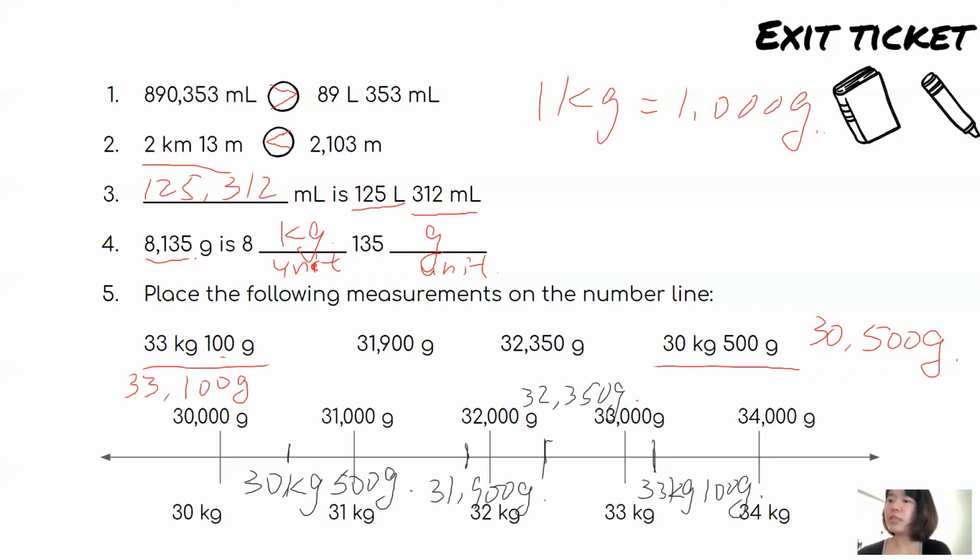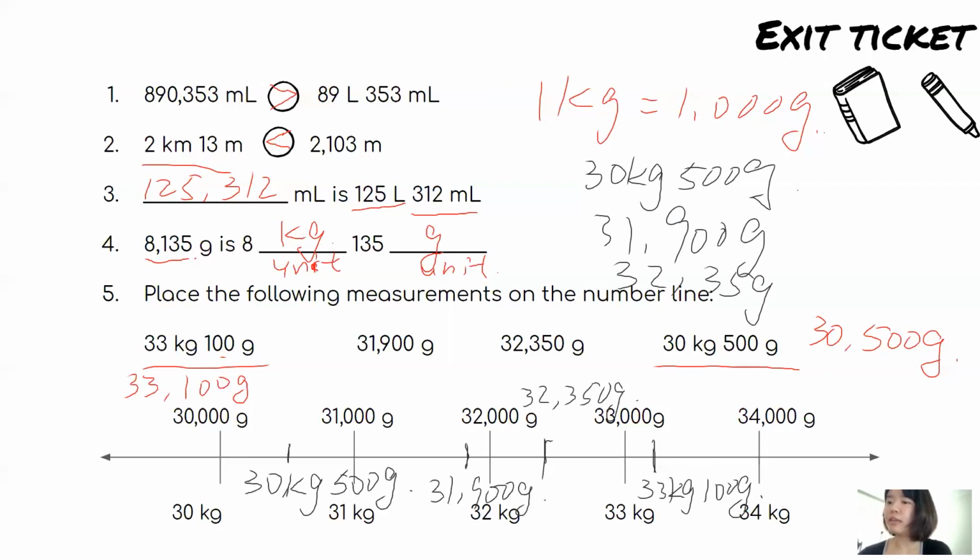So it will be 30 kilograms, 500 grams, and then 31,900 grams, and then 32,350 grams, and the last one, the greatest one, is 33 kilograms and 100 grams. Okay, and that's our last question.